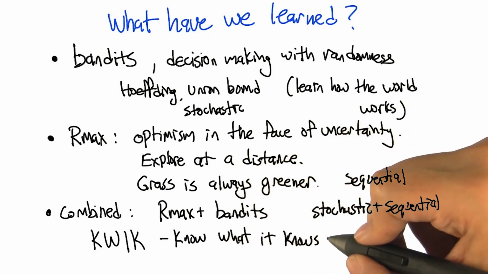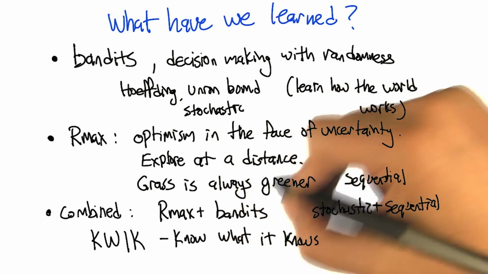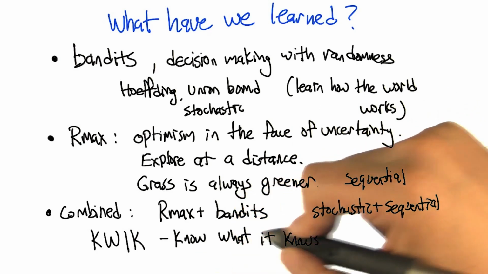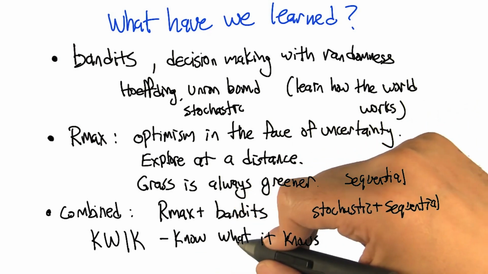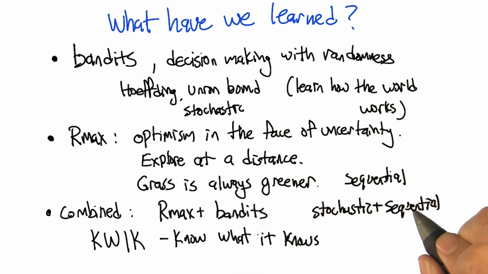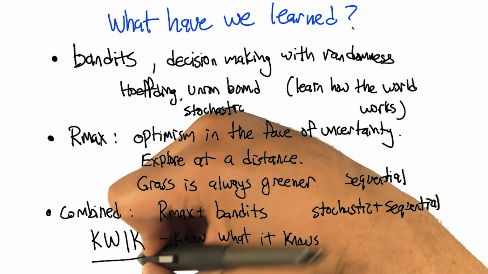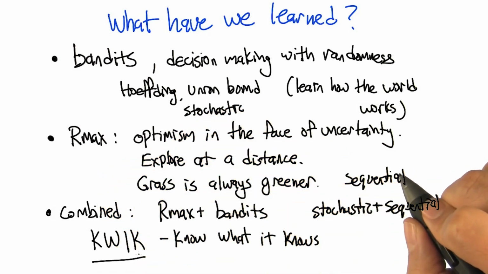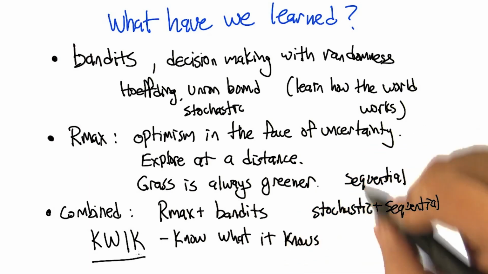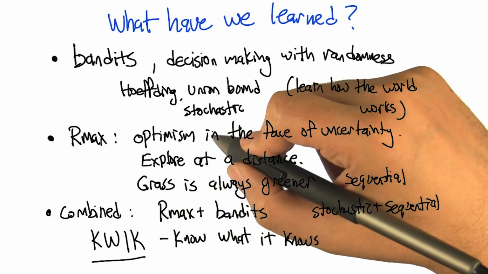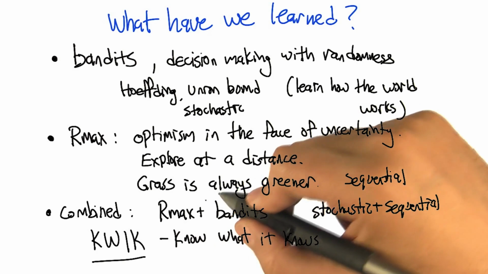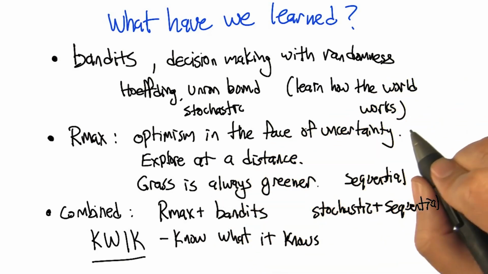If it can distinguish between known and unknown, it can associate optimism with the unknown, and then we can make guarantees on how quickly and efficiently near optimal behavior can be learned. This is a learning framework that my students and I have been studying to try to generalize beyond learning in tabular MDPs, to be able to generalize between transition probabilities in different parts of the MDP.